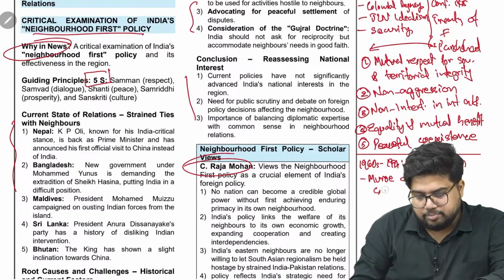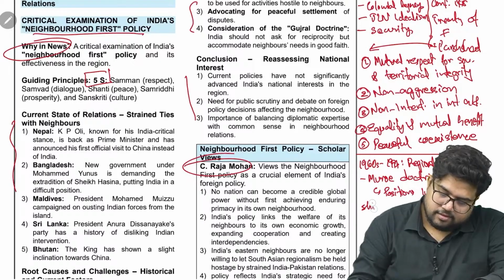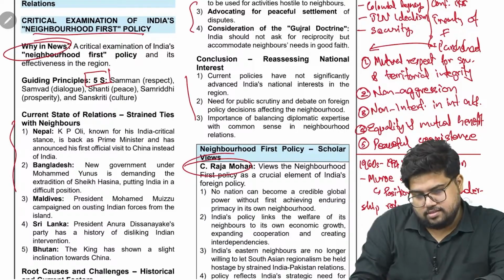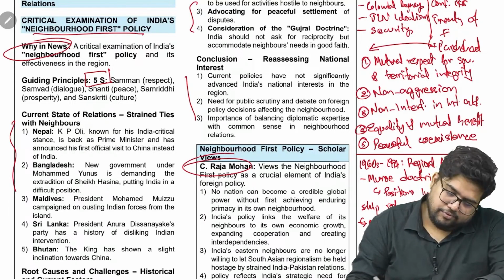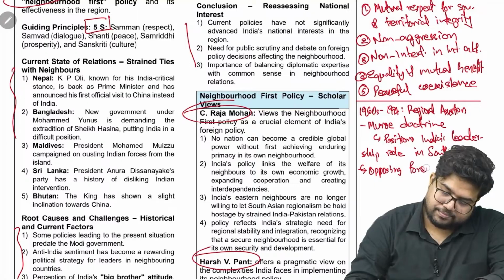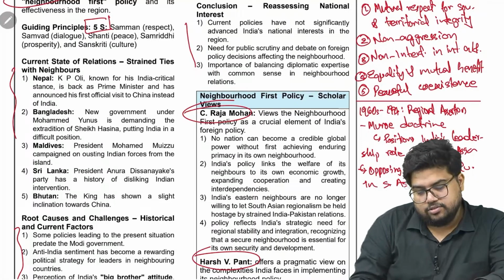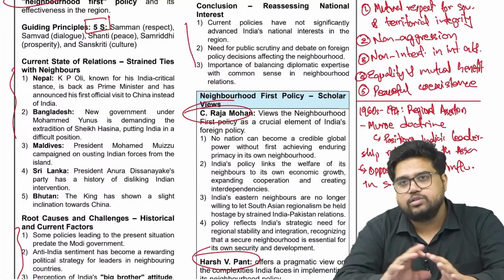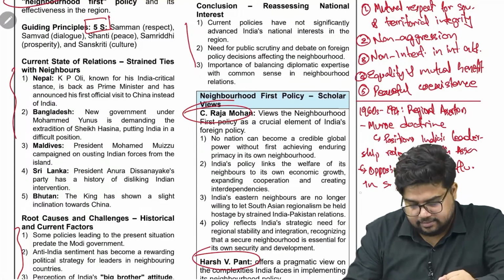What it essentially does is position India's leadership role in South Asia and oppose foreign influence in South Asia. These were the broad ideas. India was trying to establish itself as a leader in South Asia. This was India's approach to foreign policy from the 1960s to the 1990s.